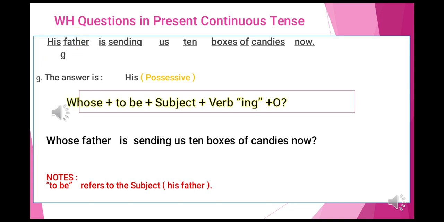Here, whose father, and the rest of the sentence here, we can just copy and paste. So simple, right? So his, we just change it to whose, and then we have to write down father as the noun. Whose father? Don't forget, you have to use the noun. The noun is father.